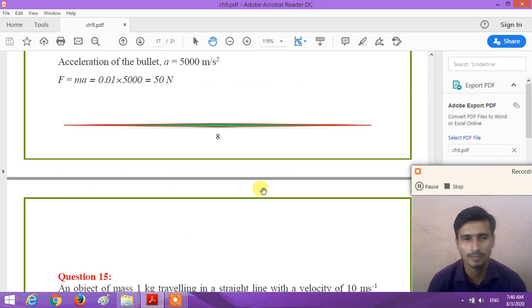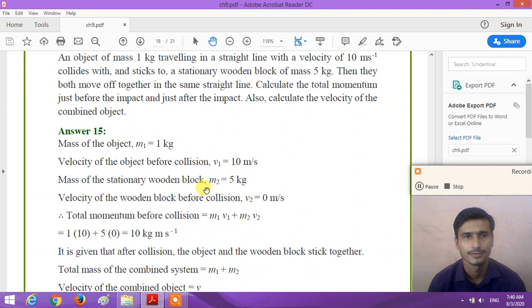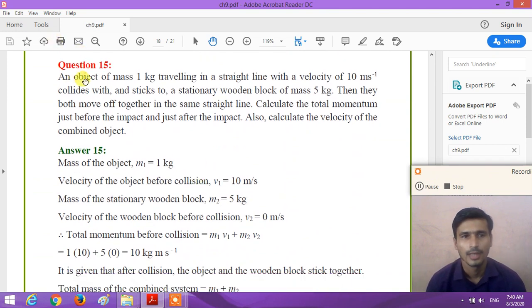Now question number 15. An object of mass 1 kg traveling in a straight line with a velocity of 10 meter per second collides with and sticks to a stationary wooden block of mass 5 kg.